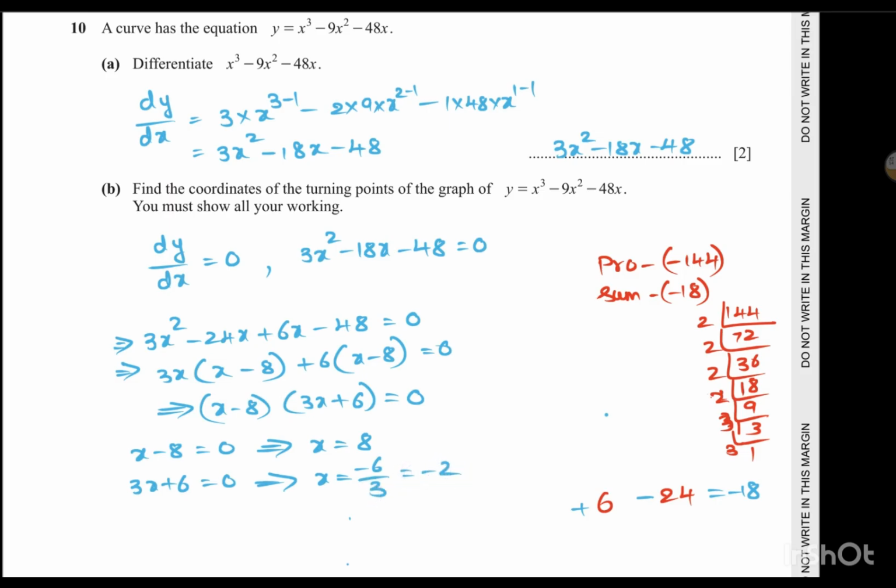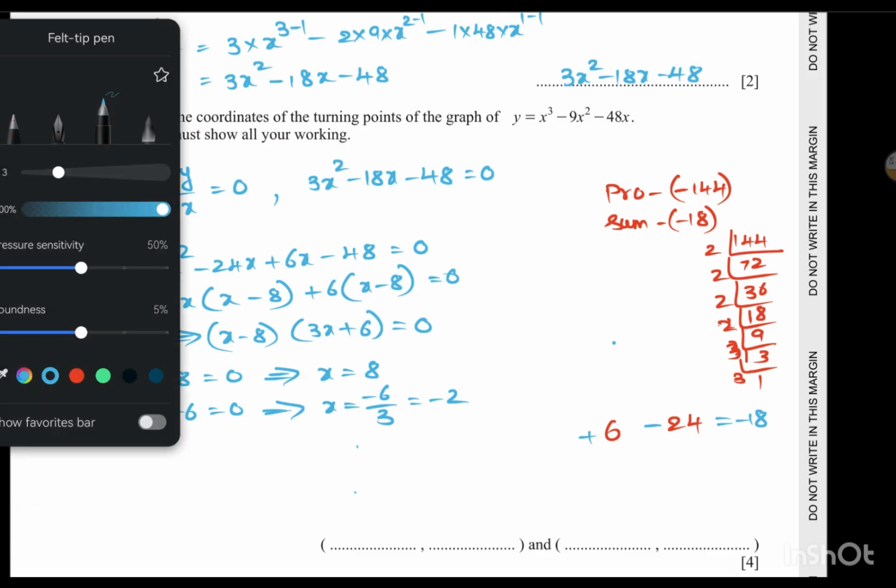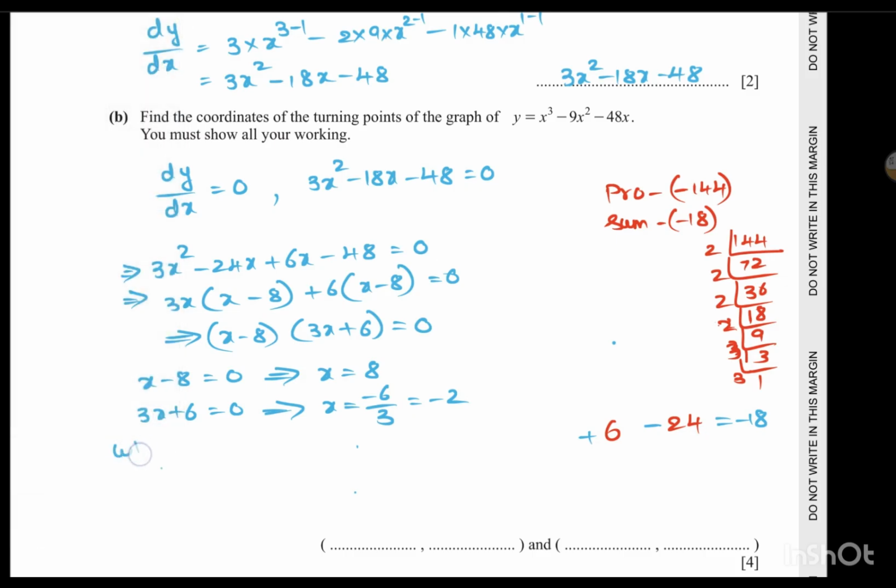So substitute these x values to get the y value in the equation. So when x is equal to 8, y is equal to 8 cube minus 9 into 8 square minus 48 into 8.